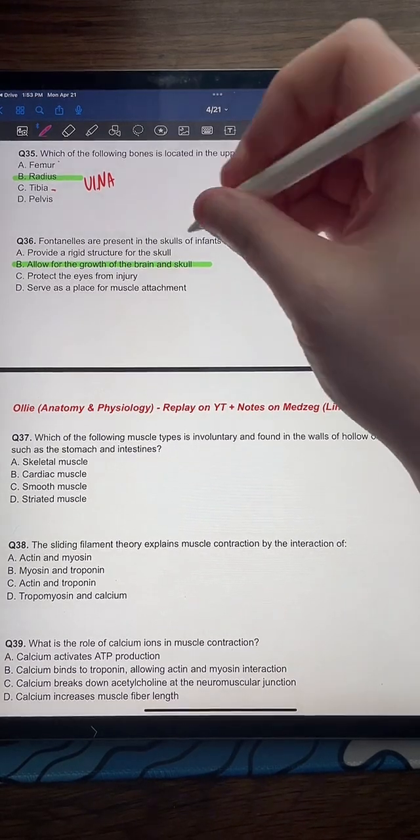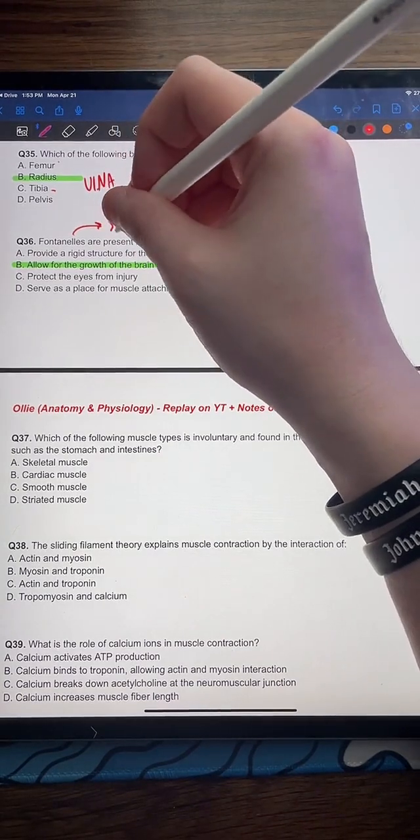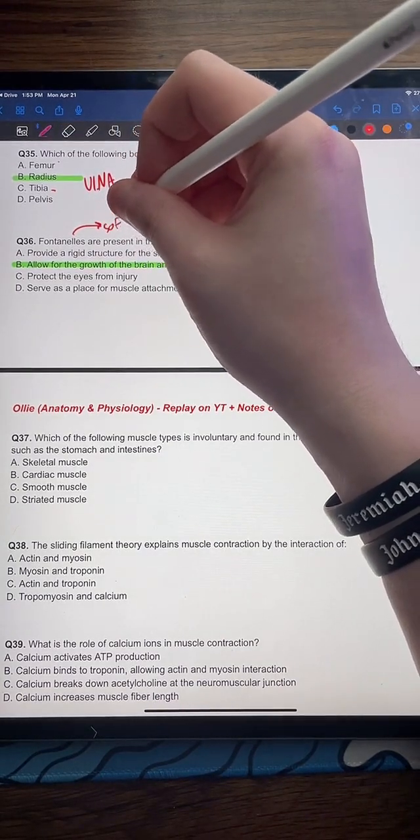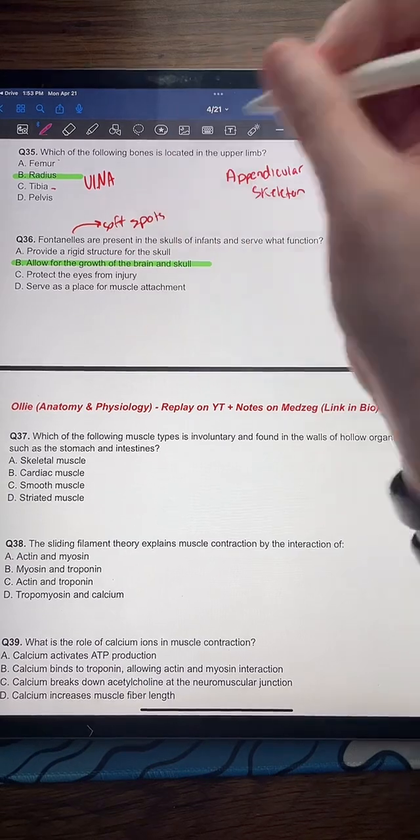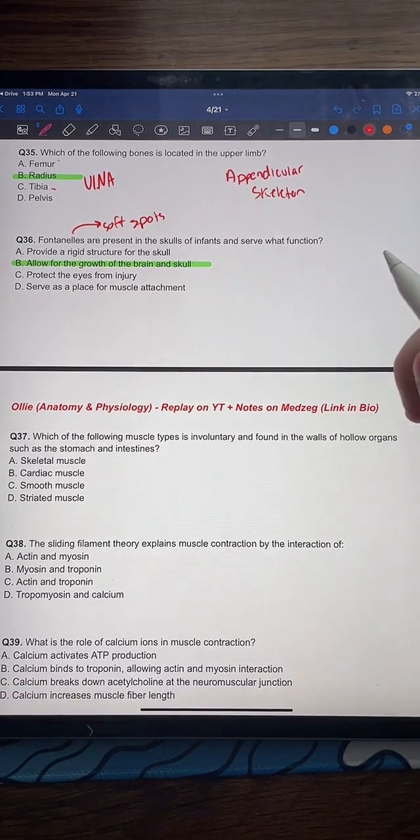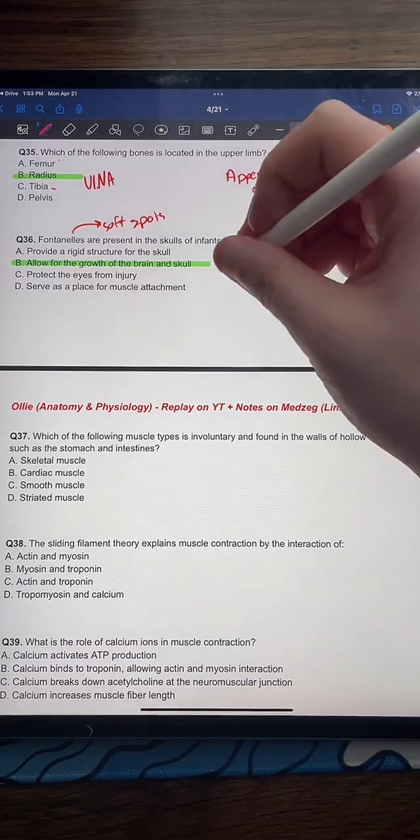So there are soft spots. These are soft spots in the skulls of infants that allow the skull to expand as the brain grows. Basically, they enable the skull to be more flexible during childbirth.